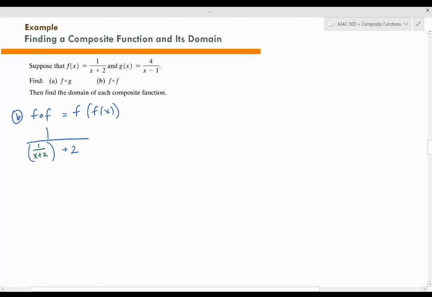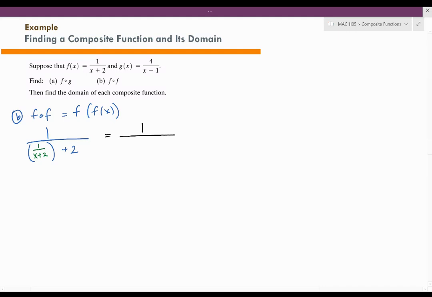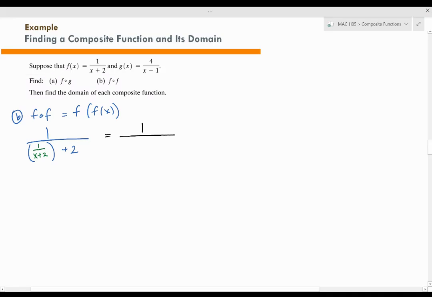Now I need to simplify it. The numerator is going to stay the same, 1 over. Now I've got this fraction and I have this whole number. The only way you can combine those is if you have a common denominator. So I'm going to multiply the 2 by x plus 2 over x plus 2.